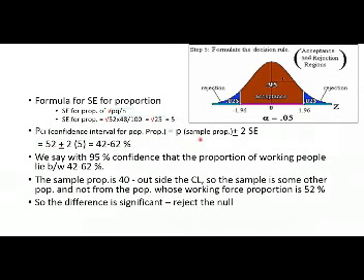If we subtract and add these 2 standard errors, 10, to this 52, once we subtract 10, once we add, 52 minus 10 will become 42, and this one 62. We say with 95% confidence that the population of working people lie between 42 and 62.